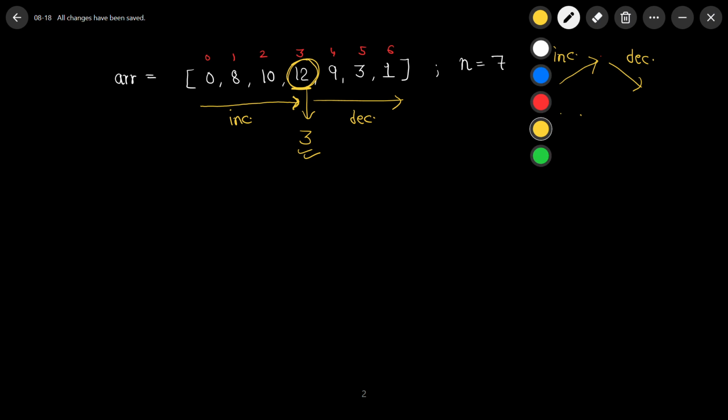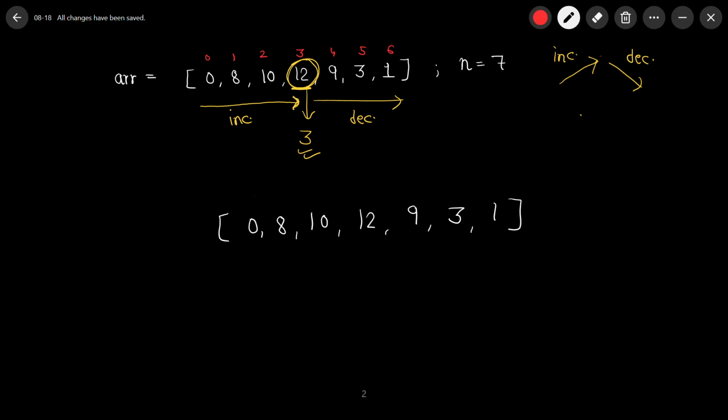As we know in binary search, let me first again copy the array. So it's 0, 8, 10, 12, 9, 3 and 1. And let me index it as well. Perfect. As you know, in binary search, we take two indices known as starting index and ending index. Ending index will be the last index, which is 6 in this case, n minus 1.